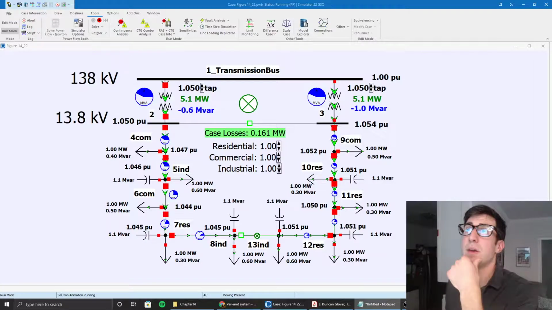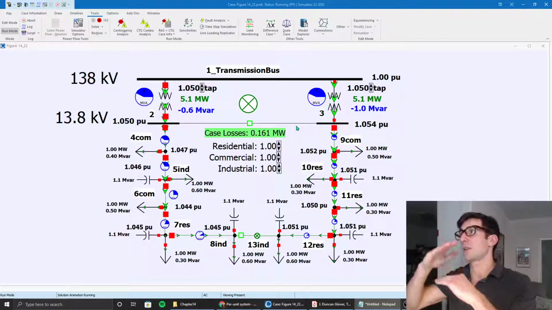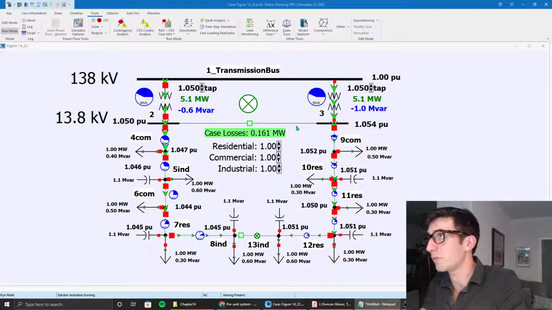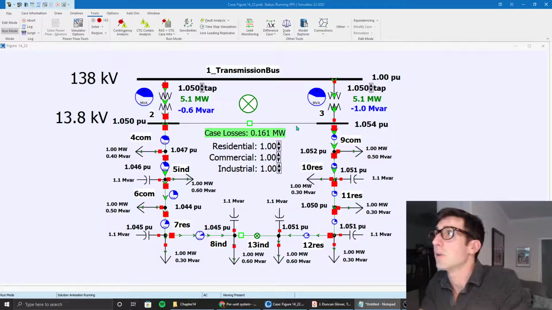So the loop will contain reclosers and tie switches, sectionalizers, and circuit breakers used to isolate faults, and reclosers will automatically open and close in order to clear faults, which keeps the customer online longer.